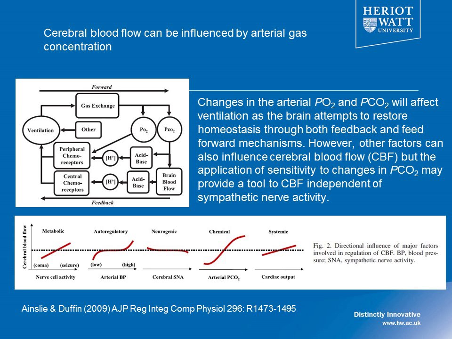Brain blood flow is more receptive to a change in PCO2 than it is to PO2, because it has a feedback mechanism based around the acid-base balance, and the fact that if you change PCO2, it will change the hydrogen ion concentration, which automatically feeds into these chemoreceptors, which changes the ventilation.